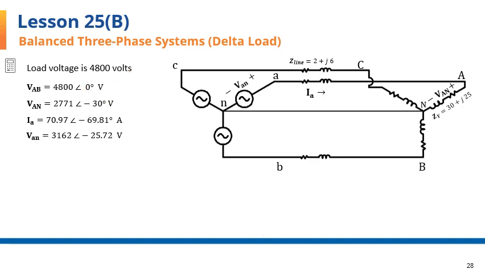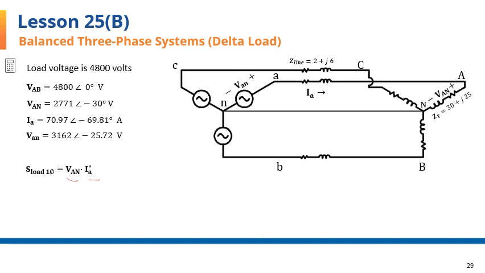I'll next find the real and reactive powers of load and line and the generator. I'll first find the single phase quantities of power, and then we'll triple the answers later to get the three-phase powers. Single phase complex load power is found as VAN times the conjugate of the current, IA.